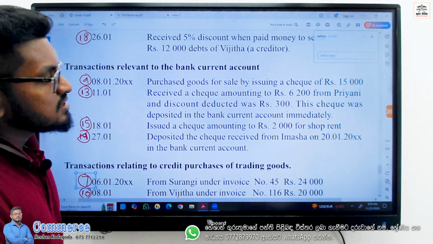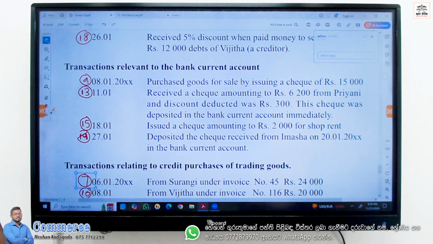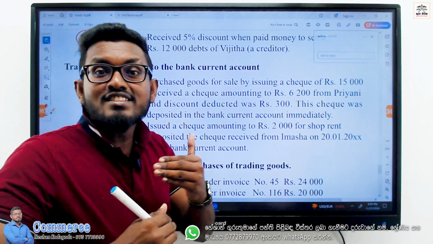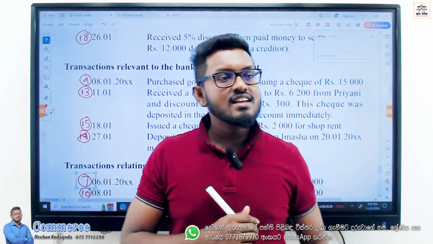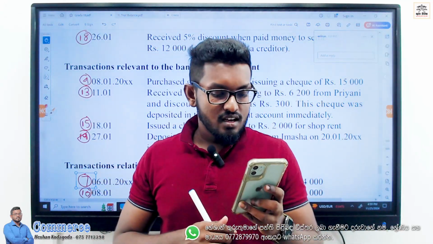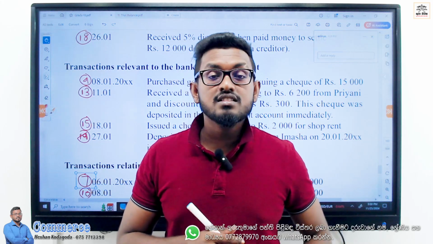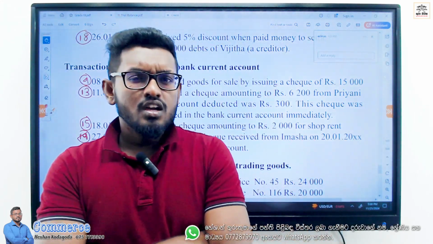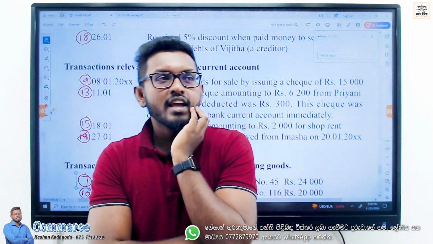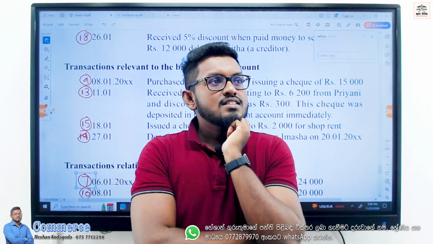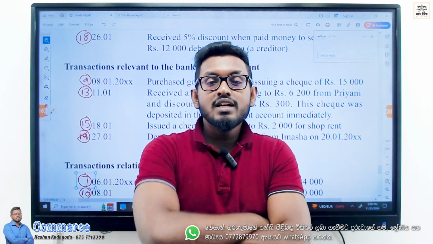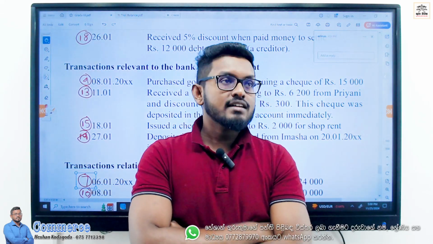This check was deposited in the bank account immediately, which means on the same date we are depositing. Understand? So then we don't need to record it in the cash book. Can you remember? Since we are depositing on the same date, we record it in the bank account.